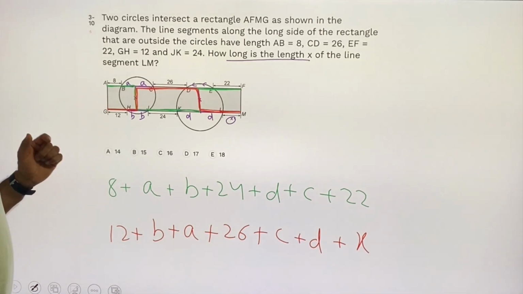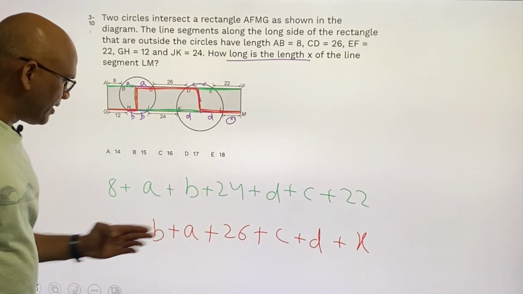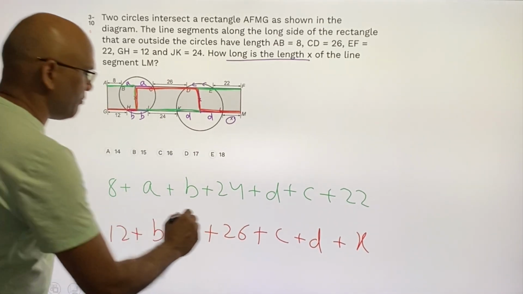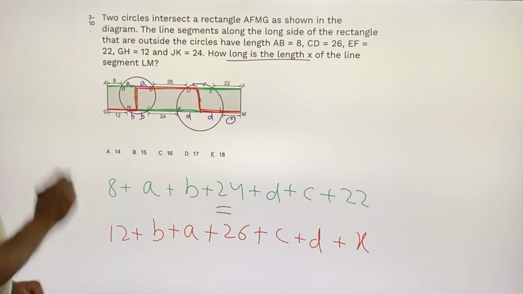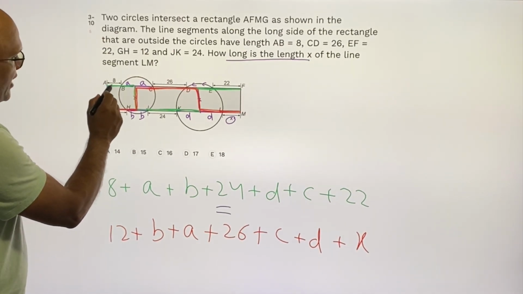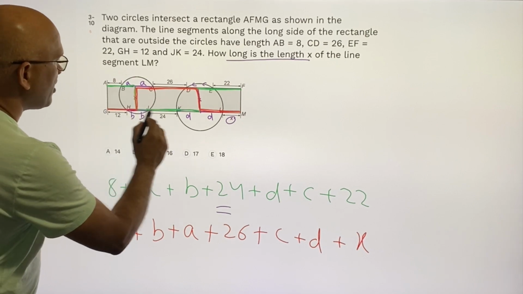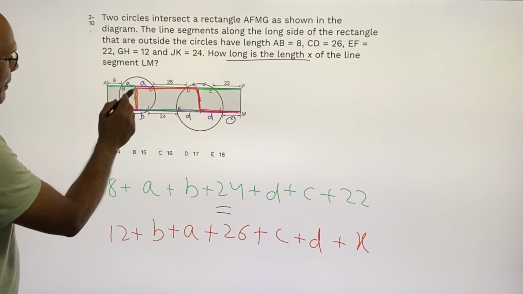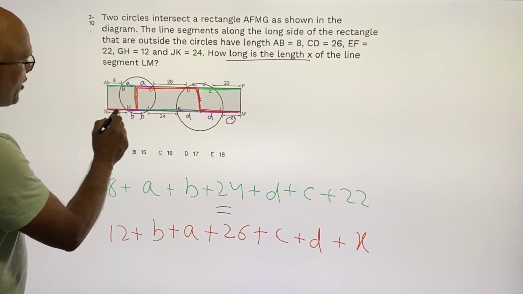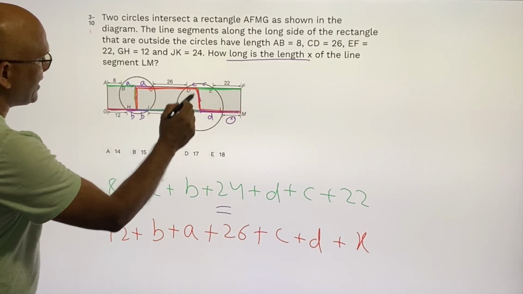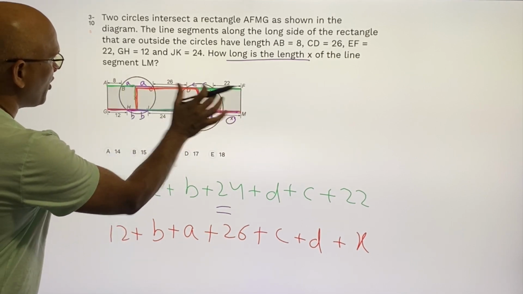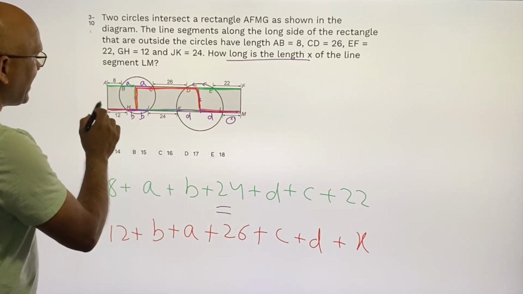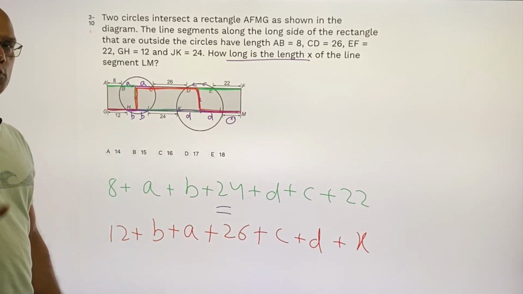Now what is the relationship between this length and this length? As you can see, they are going to be the same. Why? Because the horizontal length of the green line is the length of the side of this rectangle. Similarly, if I take only the horizontal portion of the red line, this also is the length of the rectangle. So the horizontal portions have to be the same.